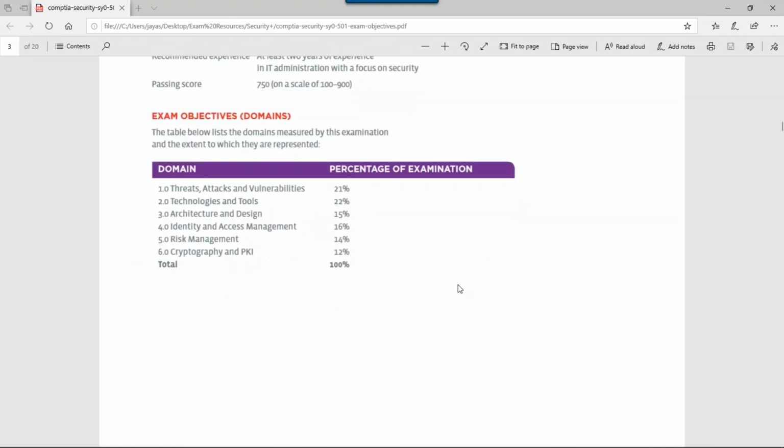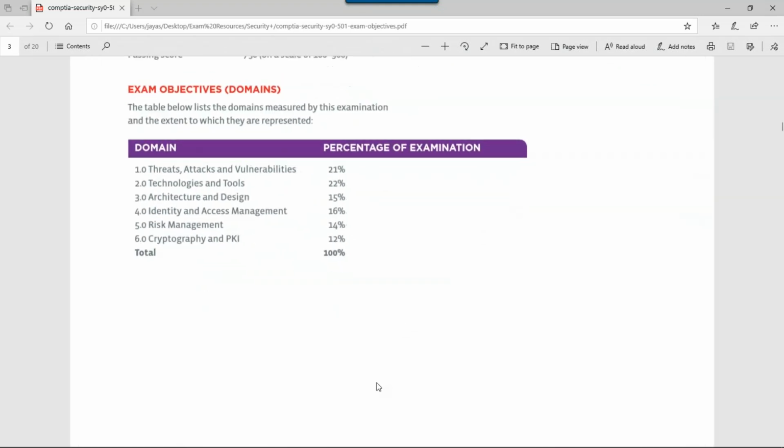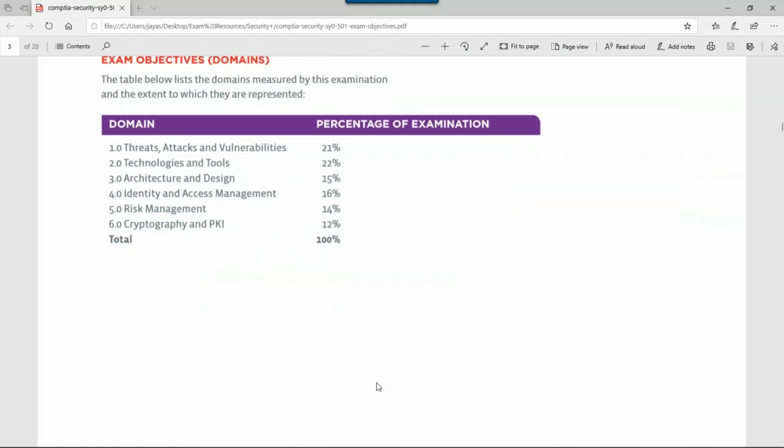Okay, so let me come back up here real quick. Trying to remember the gist of Security Plus. It's been a while since I've taken it, so you have to bear with me.